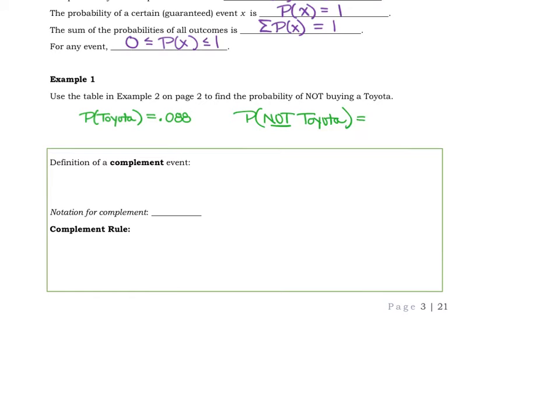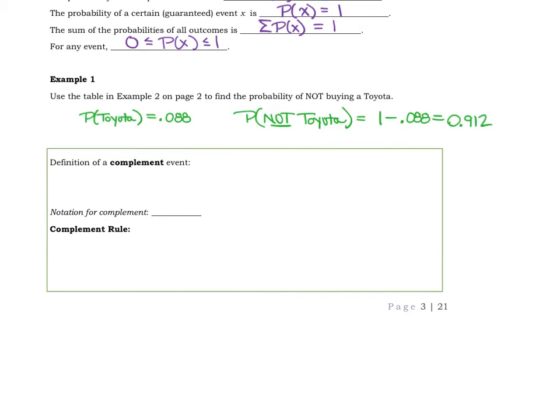How would we do that? Well, if the sum of all the probabilities is 1, we could add up all the others together and we should get 1. We can take 1 minus the probability we have a Toyota to get the overall probability of not buying a Toyota, which would be 0.912. The alternative would be to add up the probability of all the other types of cars, but this way is definitely faster.